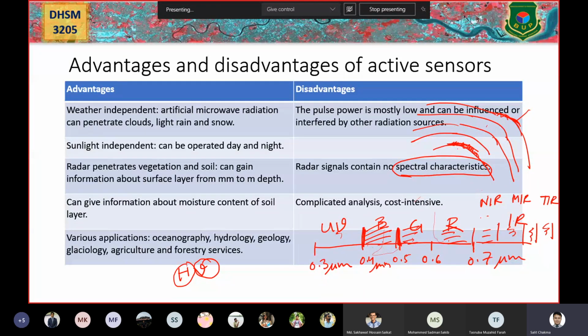Optical sensor আমরা কি করছি, স্যাটেলাইট একটা আকাশে পাঠিয়ে দিয়েছি, সে তার মতো করে ঘুরছে and data collect করছে. So these are the cost intensive sides of these data.